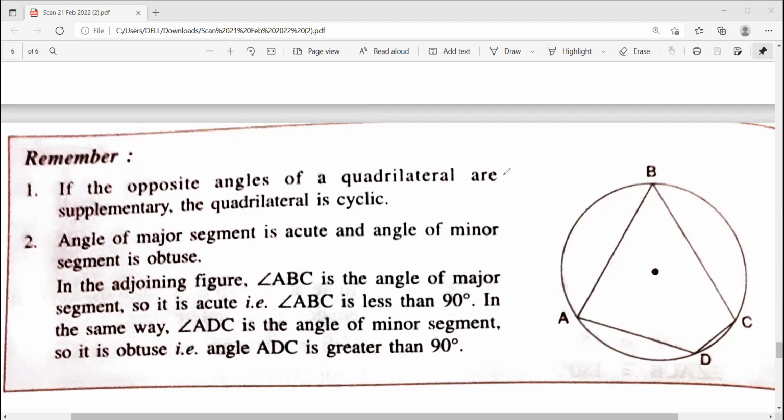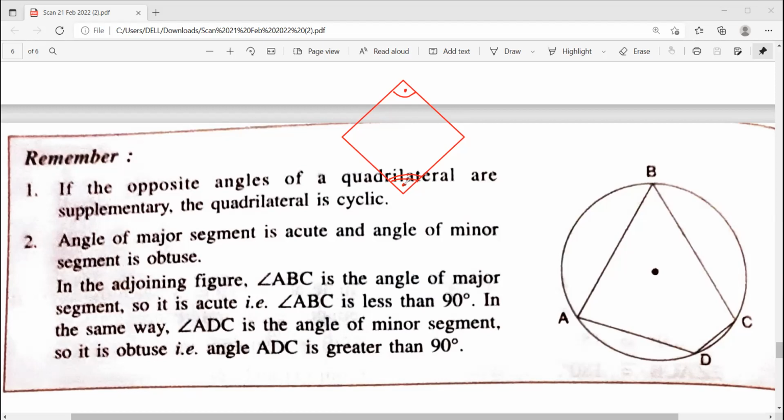Okay. So suppose I give you a quadrilateral, say a quadrilateral here like this. And then I say that these two angles here, this angle and this angle, when added, give me 180 degrees. This is what I said. Now, what does that mean? It means that this quadrilateral is a cyclic quadrilateral.